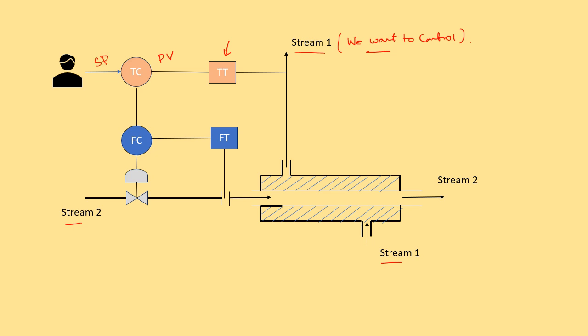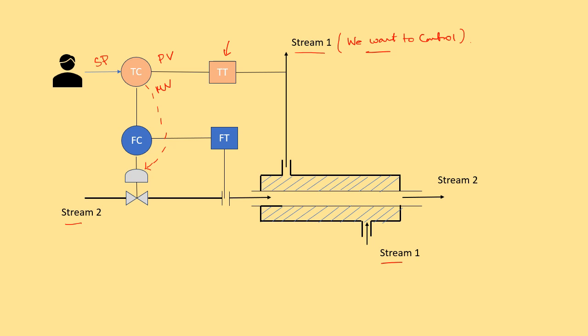Based on the differential between the PV and SP, the temperature controller will directly signal this particular valve, and this valve will open and close depending on the increase or decrease of the MV value, the manipulated variable from the temperature controller. And this way the temperature of stream 1 will be controlled.